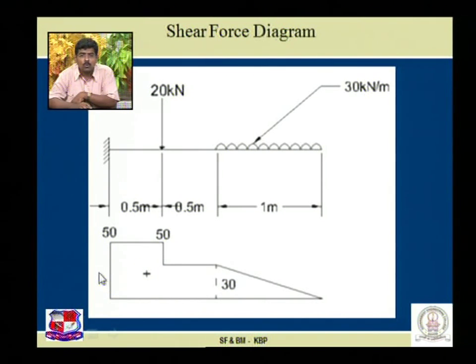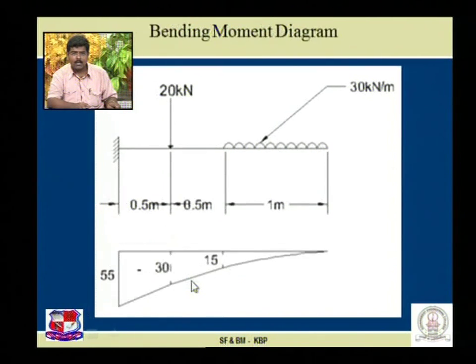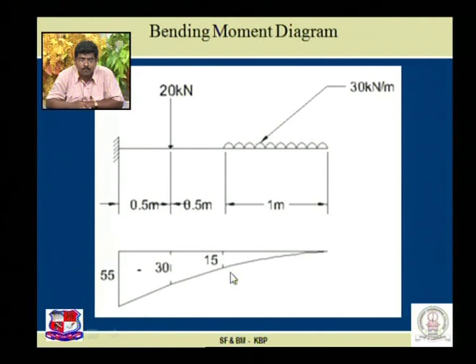So you can plot the shear force diagram by taking a section over here, at your home also. Next, the bending moment diagram. It is 0 over here because the load is 0. At 1 meter, 30 into 1 into 1 by 2, that is 30 by 2, that is 15, with a variation of parabolic nature.